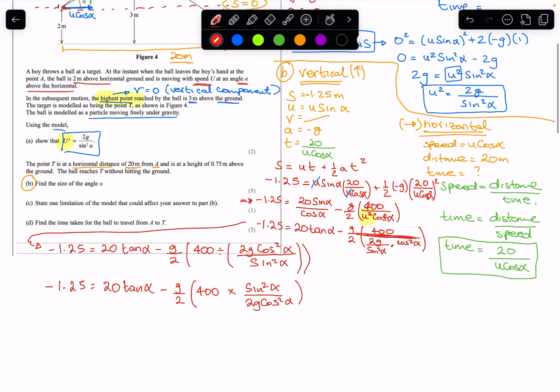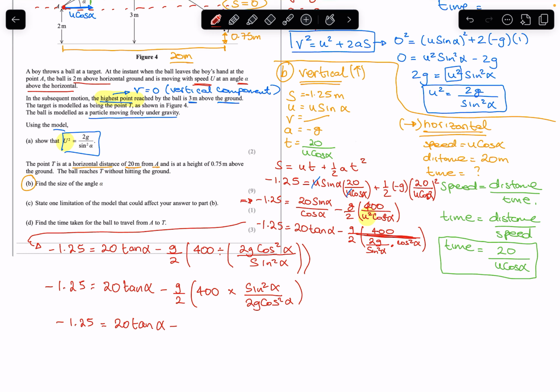So now this simplifies down to minus 1.25. So maybe I should not write the equal sign at the beginning. So minus 1.25 is equivalent to 20 tan alpha minus, if you multiply them together, g over 2 bracket 400 sine squared alpha over 2g cos squared alpha.